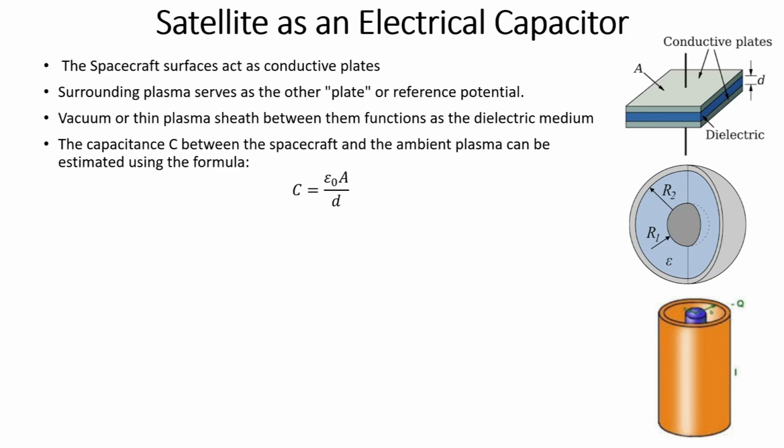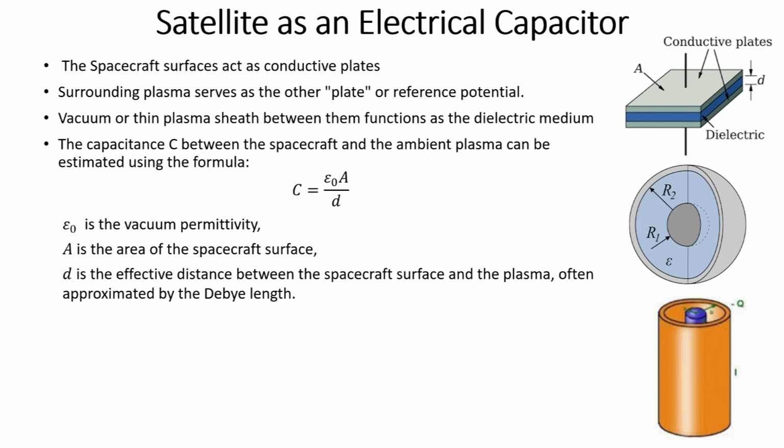This is a very standard formula, where epsilon 0 is the vacuum permittivity, or permittivity of free space, A is the area of the spacecraft surface, and D is the effective distance between the spacecraft surface and the plasma. Plasma means the neutral plasma, where the potential is 0.